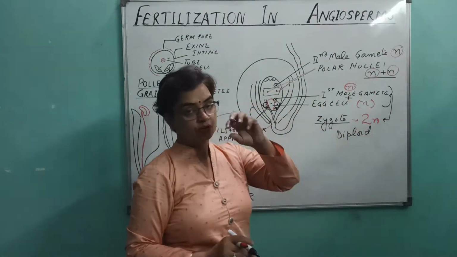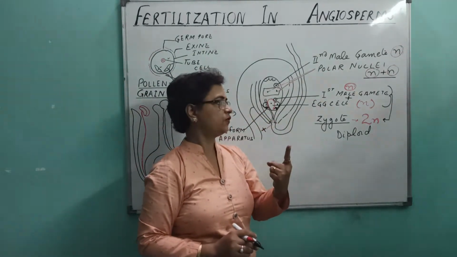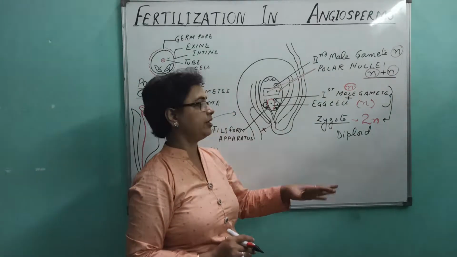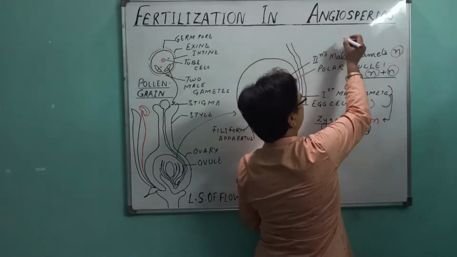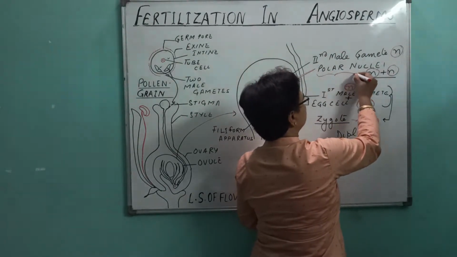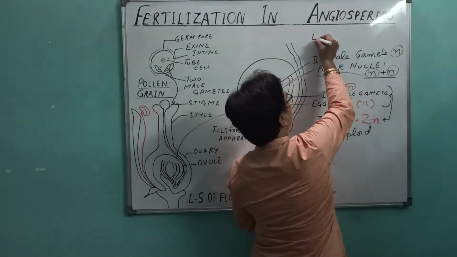That means 3 different nuclei with one set of chromosomes, technically haploid, fuse with each other and result in the formation of endosperm.